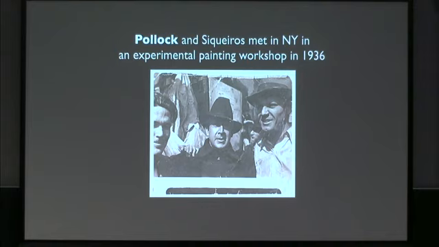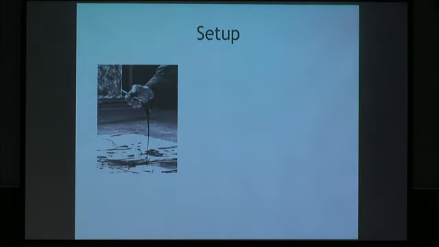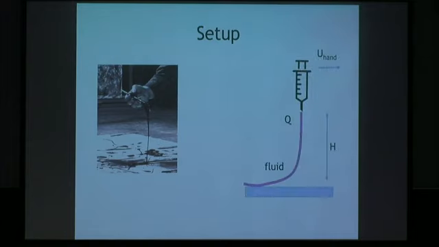So the invention of painting horizontally comes from this experimental painting workshop in 1936. Okay, so what we did is we want to know what are the range of physical parameters that one must know in order to paint like this. So we took this view of the Pollock painting technique, and we transformed it into a laboratory experiment.